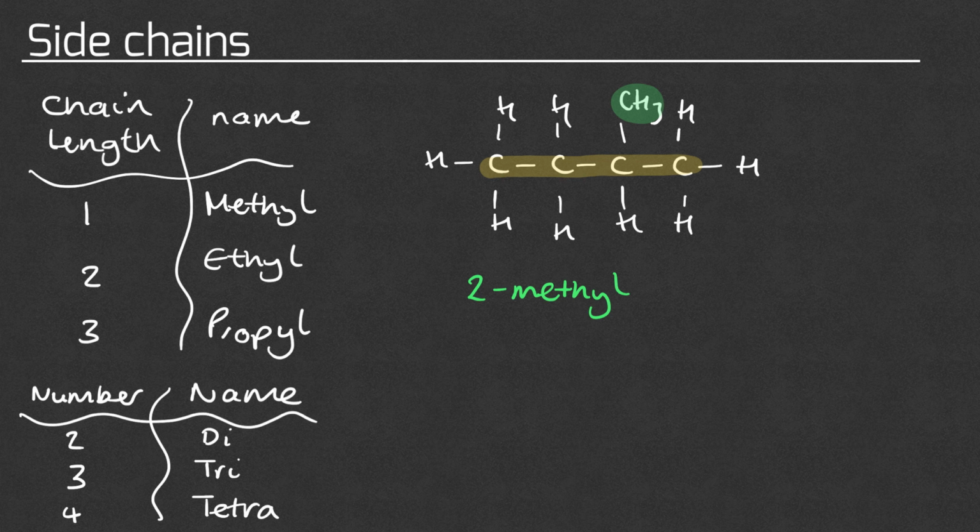We had the option of it being 3 if we went from left to right, or on carbon 2 if we went from right to left. 2 is obviously smaller than 3, so we'd number our carbons 1, 2, 3 and 4, therefore the methyl group is on carbon 2. The remaining chain has got 4 carbons in, so we'd call this molecule 2-methyl-butane, because there is a methyl group on carbon 2 of the butane molecule.